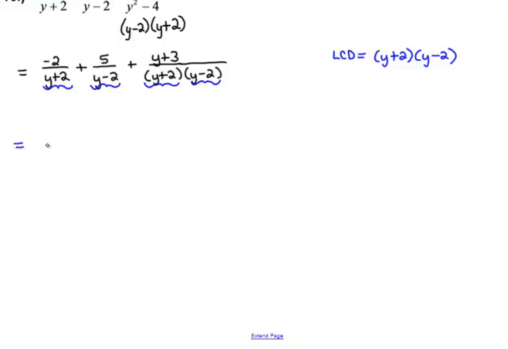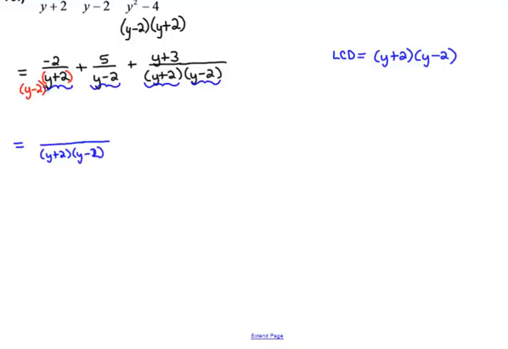So when we rewrite each fraction with our new denominator of y plus 2 times y minus 2, now we ask ourselves, what did I do to my denominator to get the second one? I took it times y minus 2.